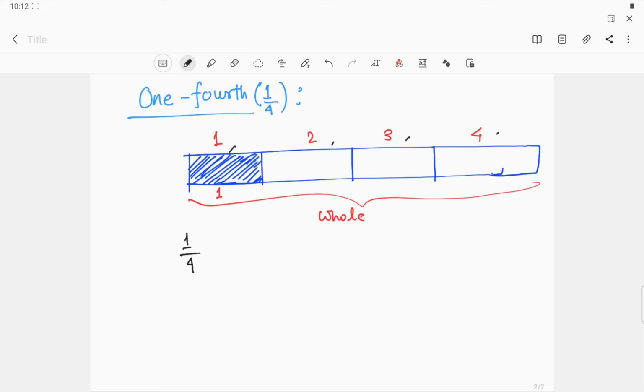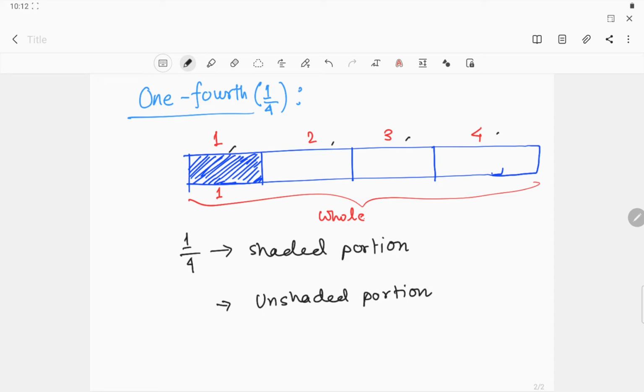Now the question is, how many portions are not shaded, or you can say how many portions are unshaded? So this is the shaded portion or shaded part, and the unshaded part or portion, you can see second, third and fourth, they are unshaded.